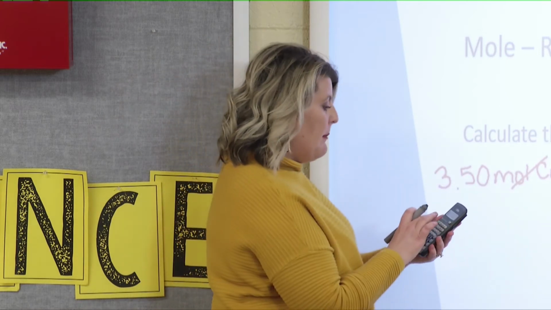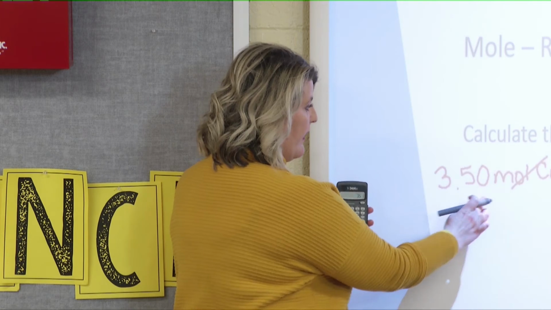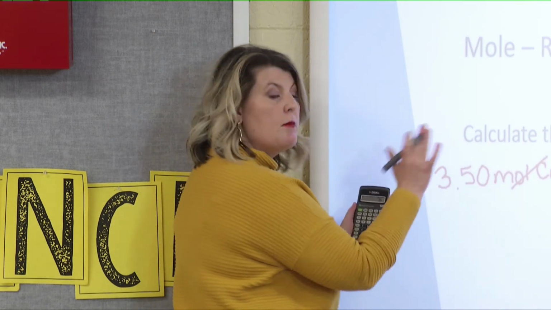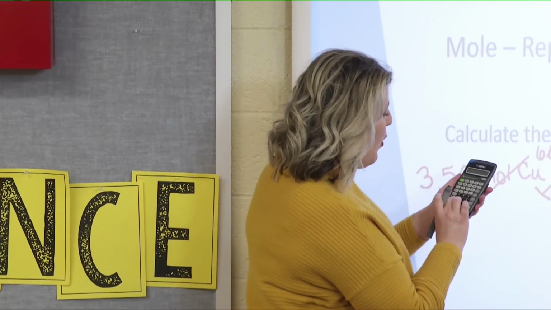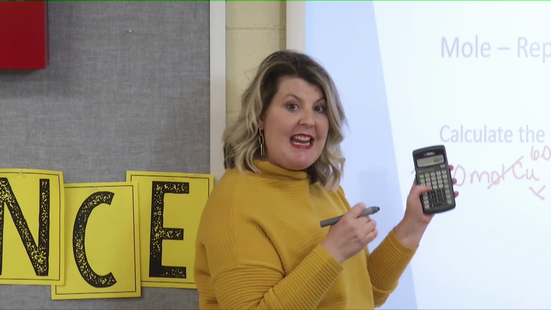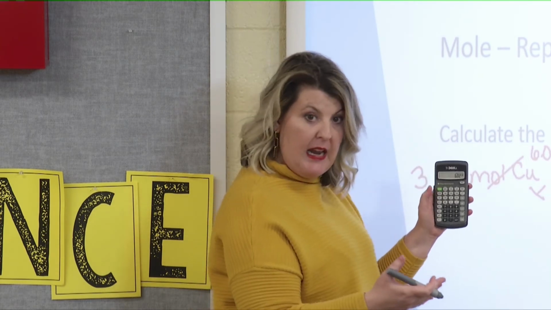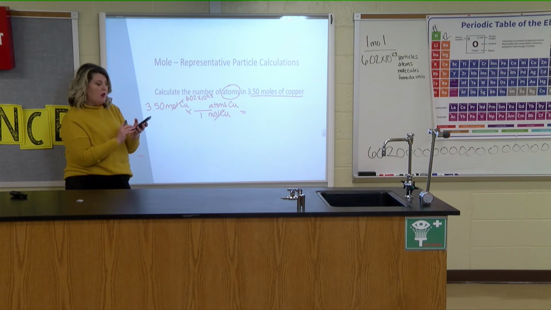So in this problem, I'm going to put 3.5 times, because remember when it's on the top, we multiply, and I'm going to type in 6.02. I'm going to type the button that says EE or EXP. That button means times 10 to the, and I'm going to put 23.